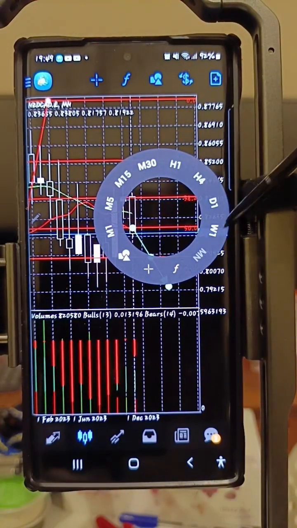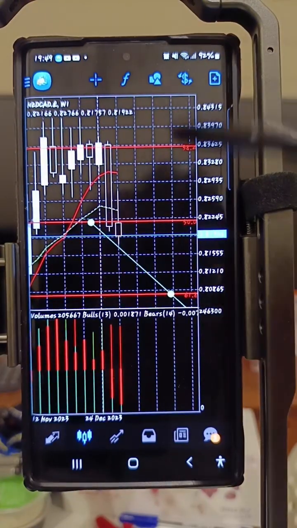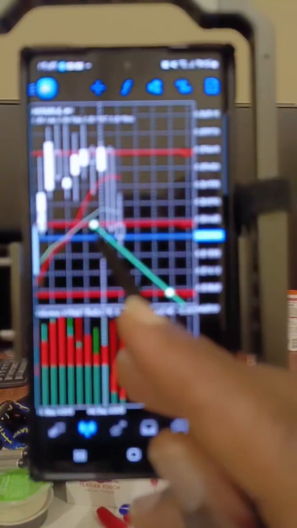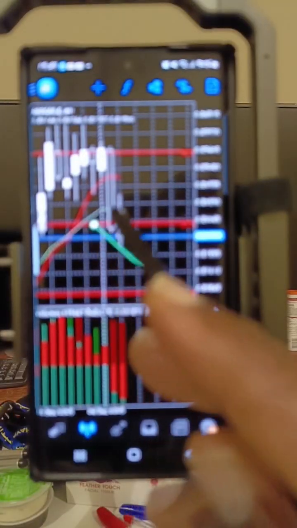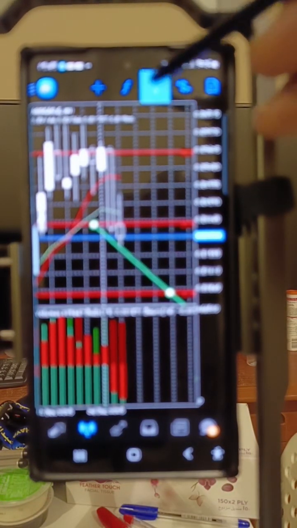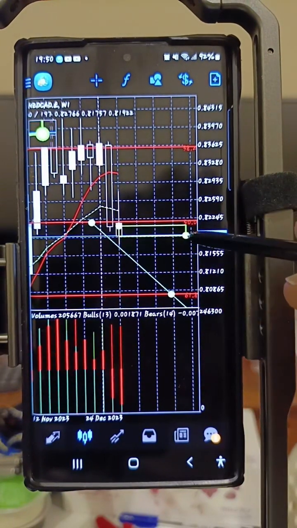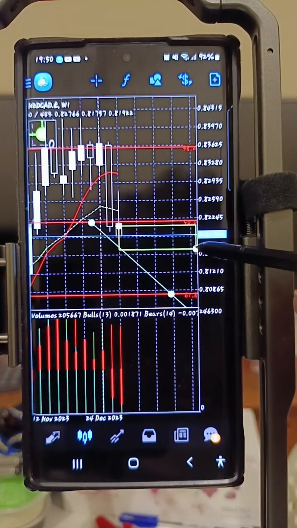So I then move to the weekly. I can clearly see that this will go to the downside. So what I'm looking for as the Asian session opens on Sunday is to see that it bounces around here.